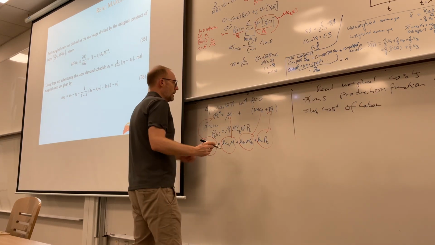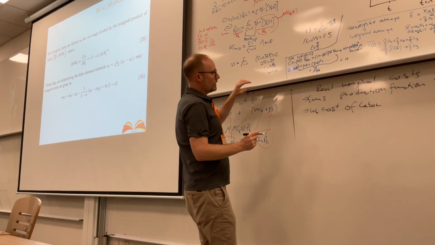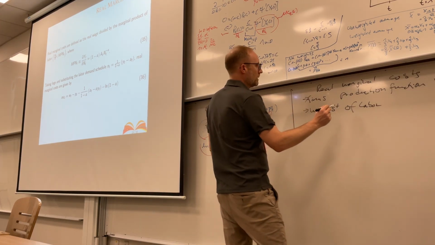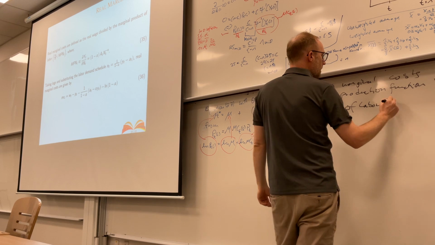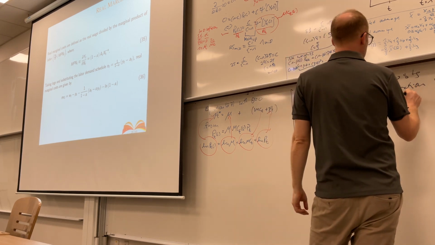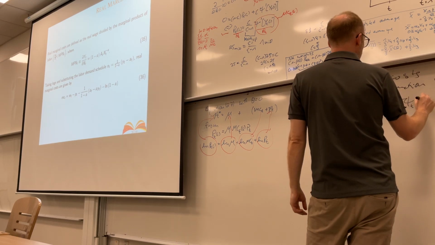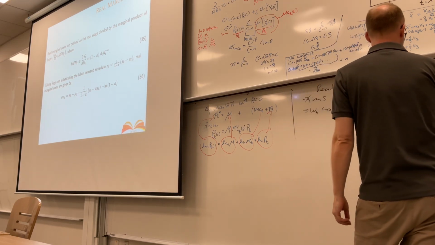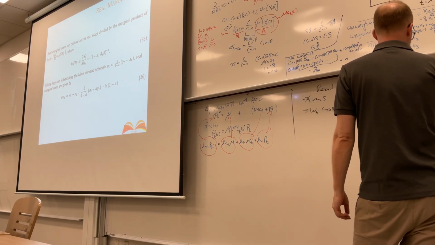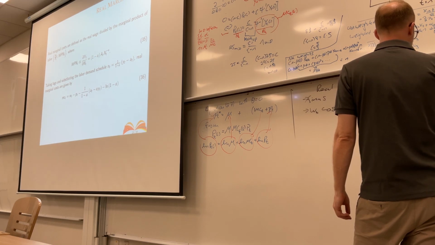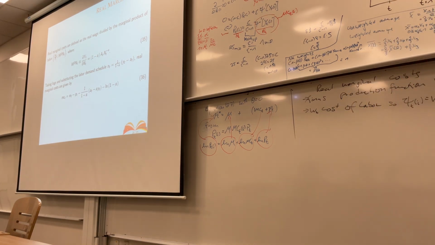So if we're going to write out our profit function, the profit of firm i is going to be equal to minus W_t L_ti. That's the costs.